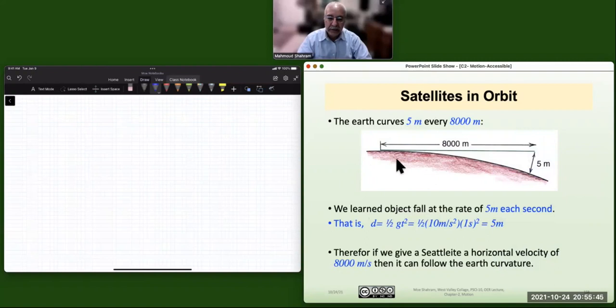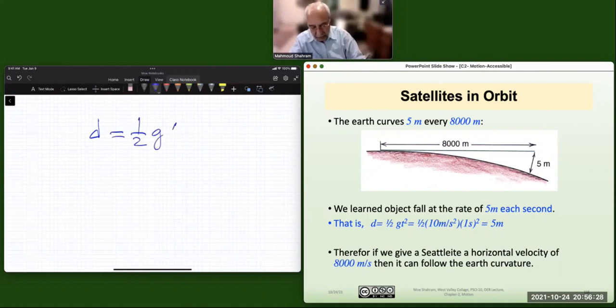Well, it turns out that if you measure the curvature of the Earth, if you go about 8,000 meter or 8 kilometer, the curvature drops 5 meter. The reason for that is obviously the distance that a ball drops in every second is equal to, remember, 1/2 gt squared. So in 1 second, let's see how much an object drops.